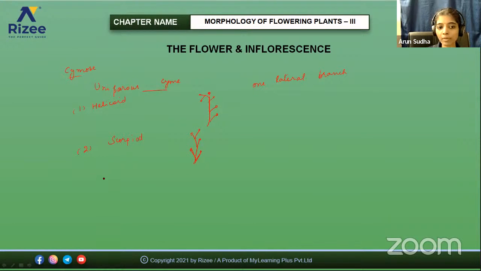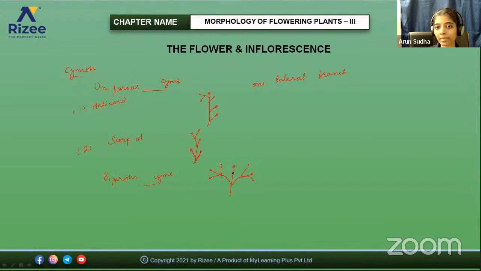But in the case of another type, that is biparous stem, what happens is the main stem terminates and there occur two lateral branches. There occur two lateral branches, and the terminal ends in a flower. Here this one, here this one, here this one.